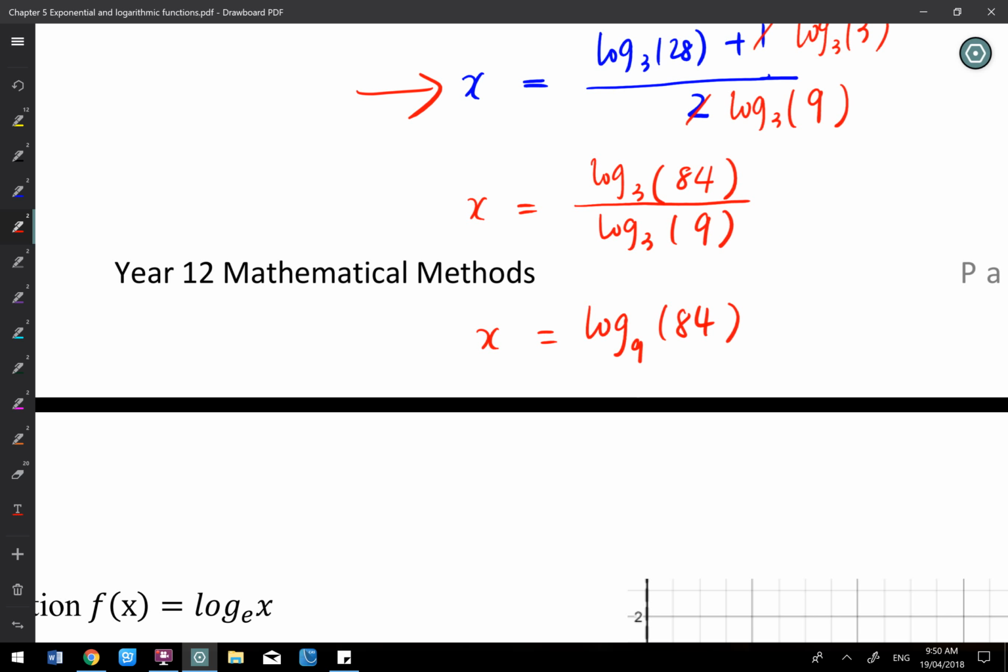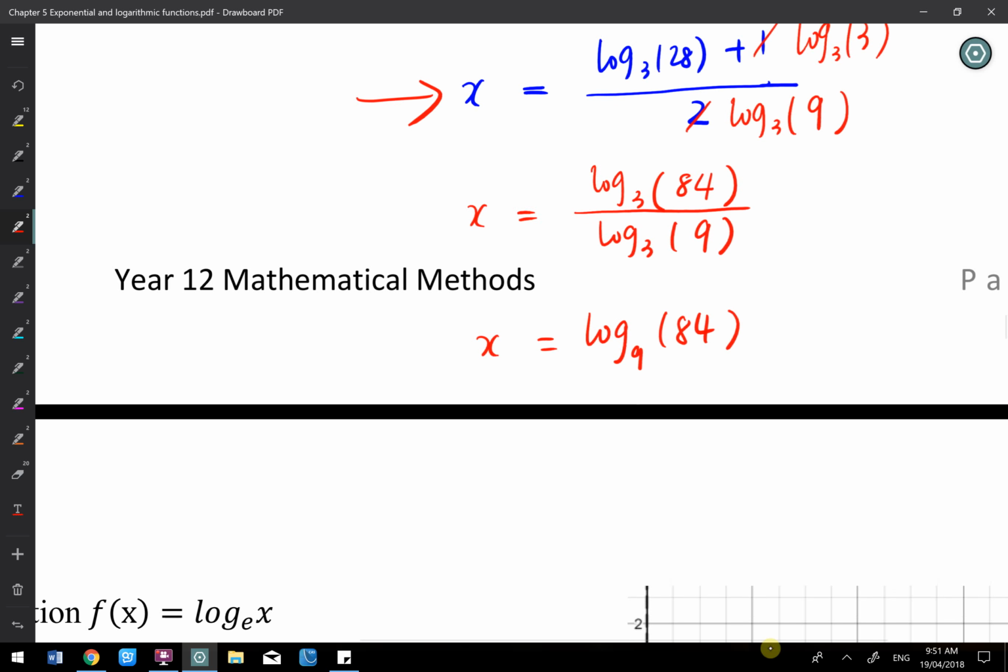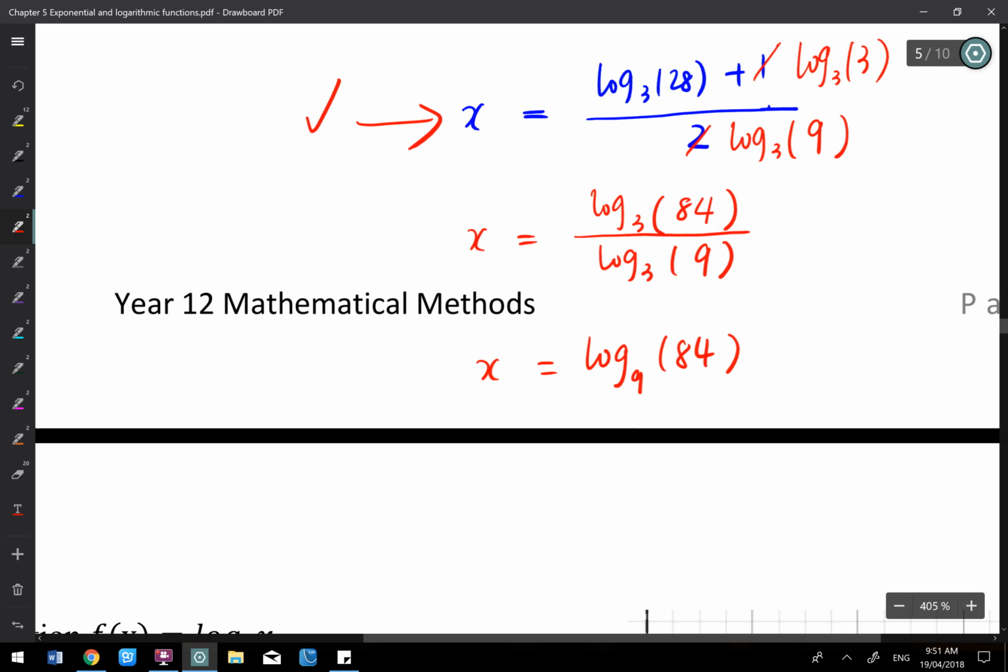When you add them, you can multiply the numbers inside. When you have log of the same base divided by log of the same base, I can reversely use the change of base formula to make it into one log. So that's just log base 9 of 84. It's not necessary, okay? You risk getting something wrong in between and losing the mark. So it's good enough to keep your answer like that.